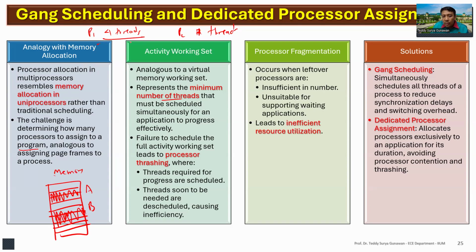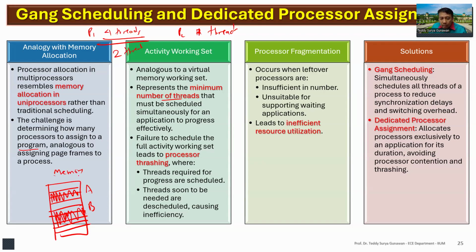Maybe out of these 4, we don't need all. The ones we can keep active may be 2 threads. For example, in PowerPoint, you don't need to activate the automatic saving that runs every 10 minutes every time.